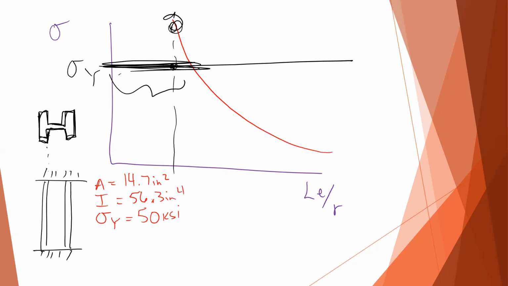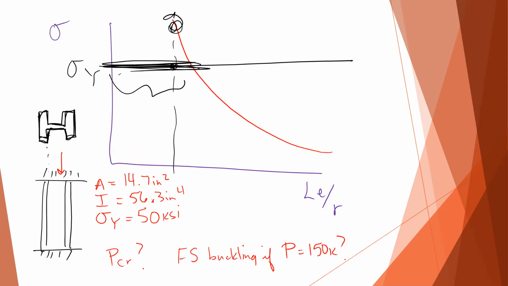And I told you it's fixed. What I want you to calculate is the critical buckling load, P critical. And then I want you to calculate the factor of safety against buckling if we apply a load P equal to 150 kips.